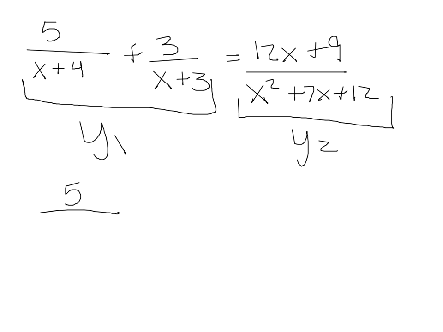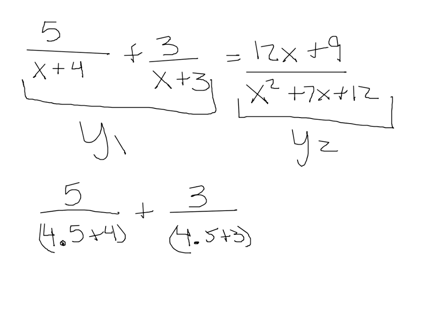So I come over here and I'm going to evaluate my two sides at 4.5. And so I get 5 over 8.5 plus 3 over 7.5, and then use my calculator.